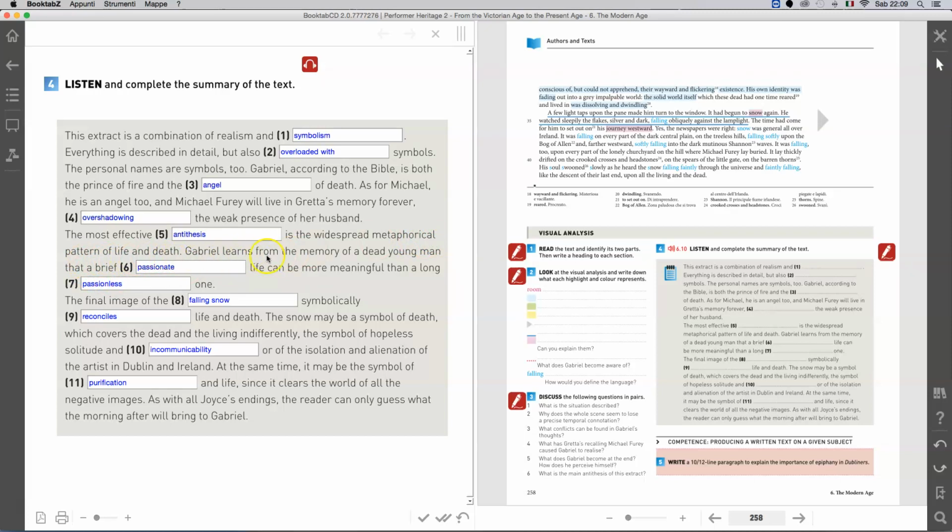Gabriel learns from the memory of a dead young man that a brief, passionate life can be more meaningful than a long, passionless life. The final image of the falling snow symbolically reconciles life and death. The snow may be a symbol of death, which covers the dead and the living indifferently.